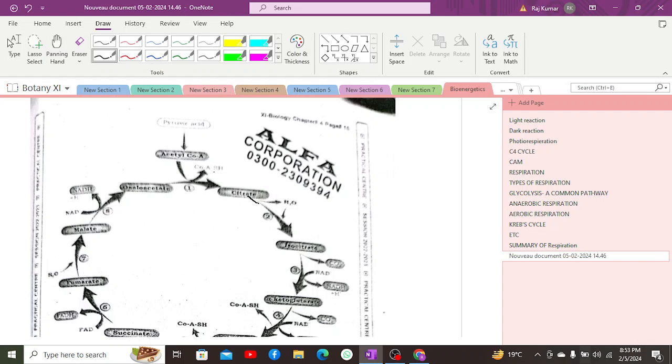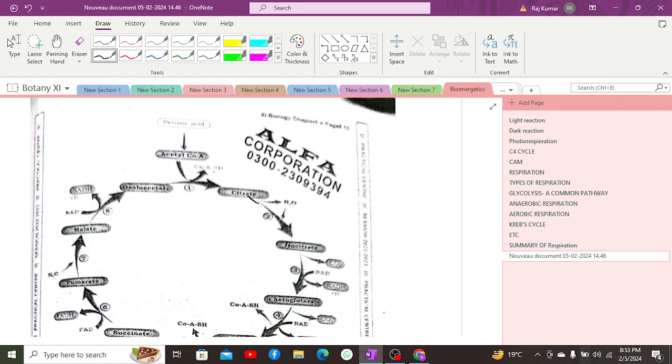Now, alpha ketoglutarate is a 5-carbon compound, which further undergoes a coupled reaction, oxidative decarboxylation, in which the enzyme alpha ketoglutarate dehydrogenase is utilized, where the first step includes dehydrogenation and then decarboxylation.